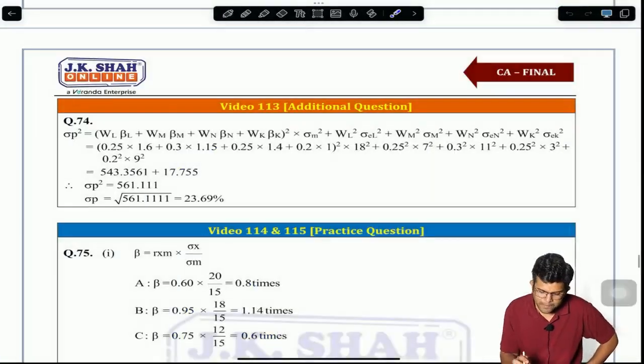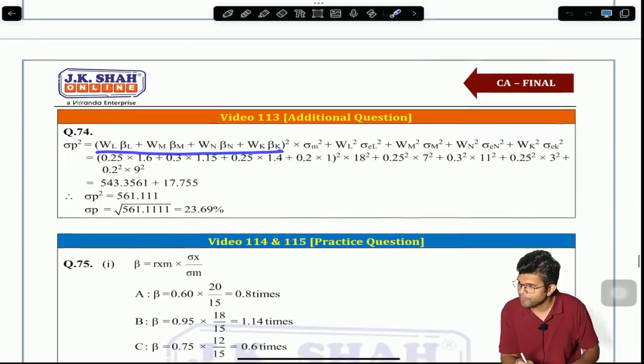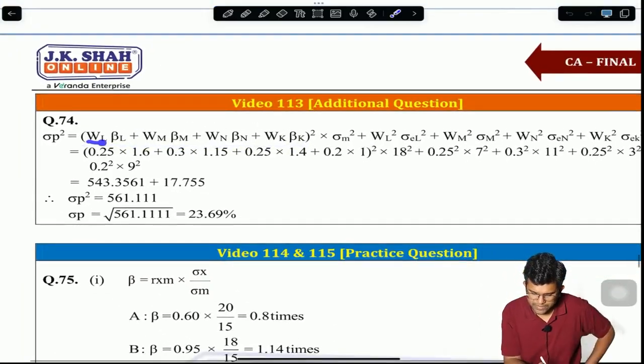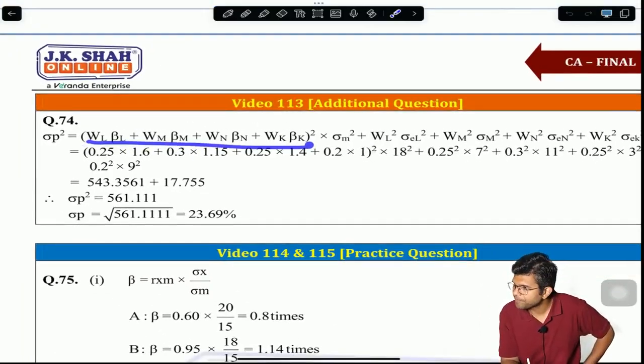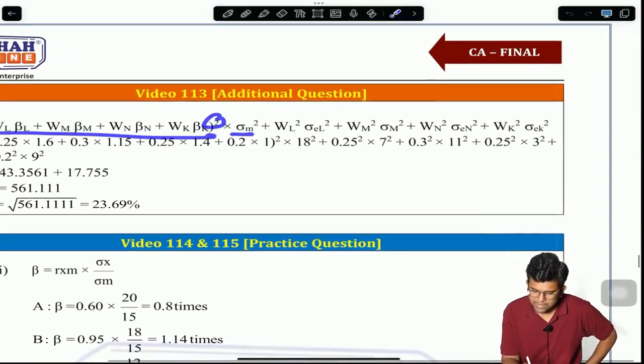Students, look at the screen. Can I say sigma P square? I just now showed you. Sigma P square is, I hope you realize this bracket is beta P: WL into beta L plus WM into beta M, understood? The whole square into sigma M square plus WL square sigma EL square, WM square sigma EM square, and so on.